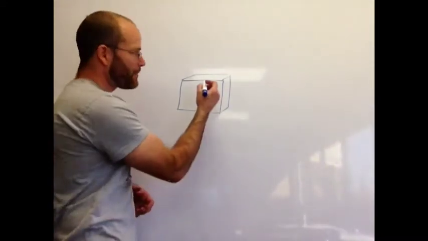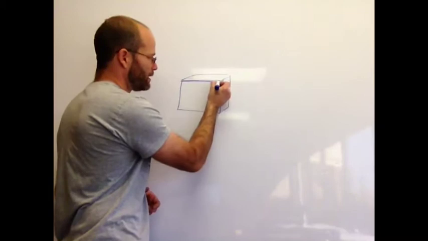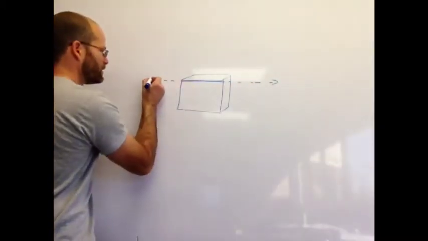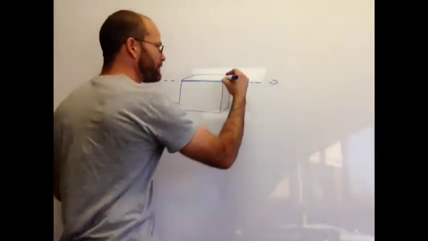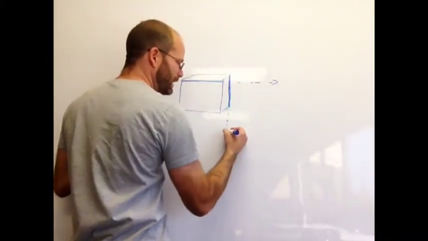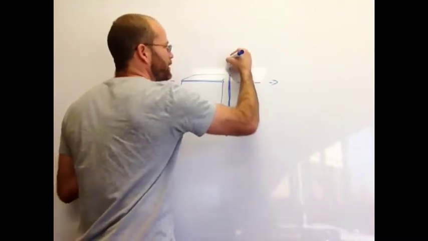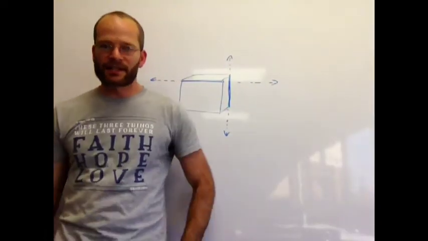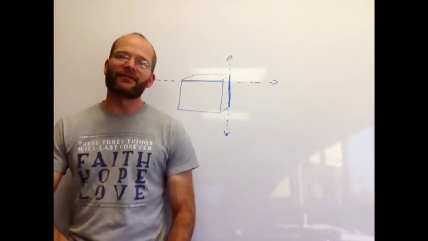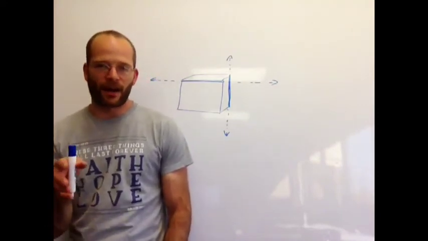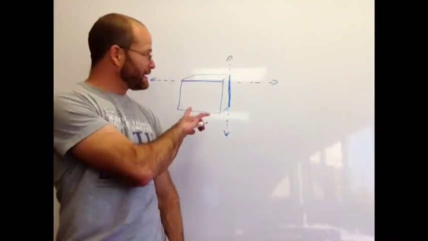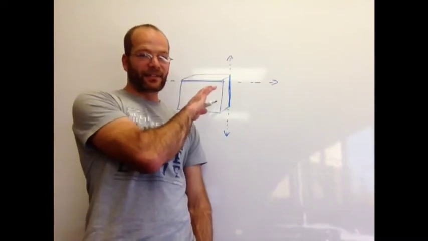If you consider this top edge here, and think about the extension of it that would go off infinitely in this direction and in that direction, and then think about this back edge here, this vertical back edge here, and its extension infinitely below and above. Those would be another good example of skew lines. They don't intersect, they're not coplanar. Again, skew lines never exist in 2 dimensions, which is why they're hard to draw on paper. They always exist in 3 dimensions. They're lines like these that neither intersect nor are coplanar.